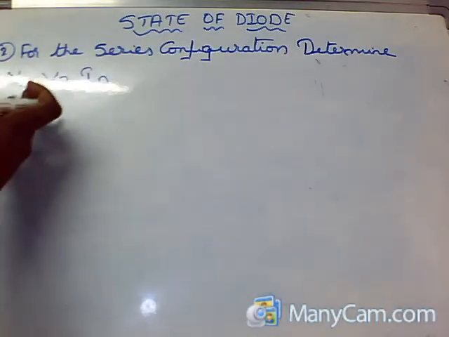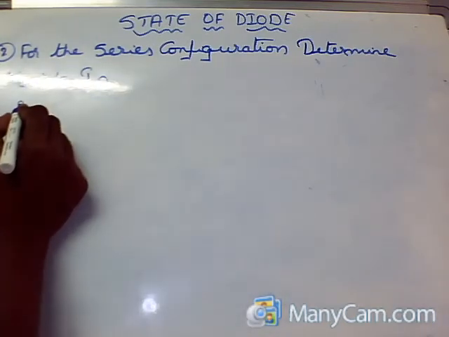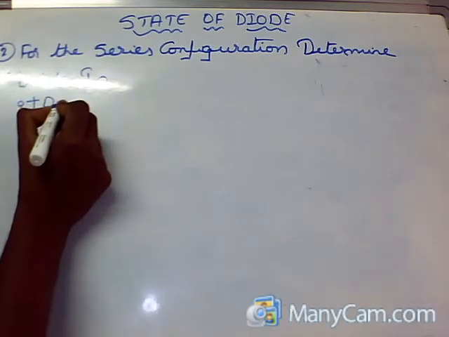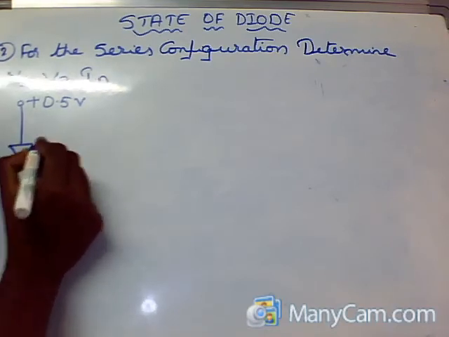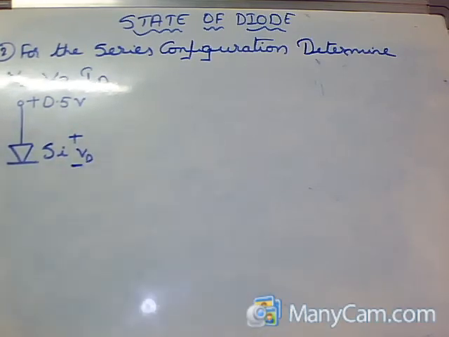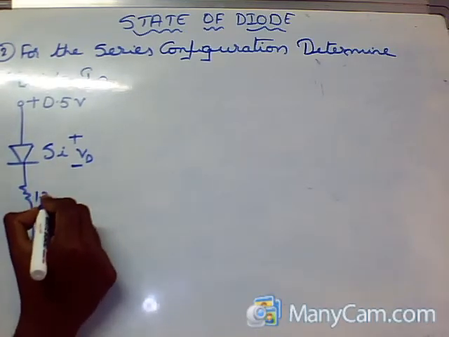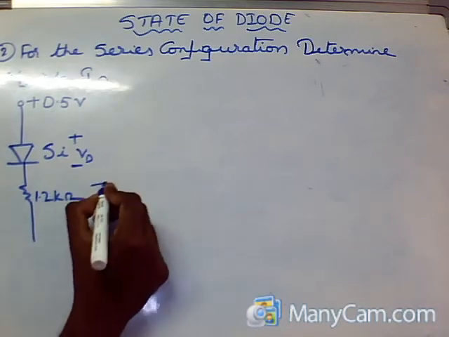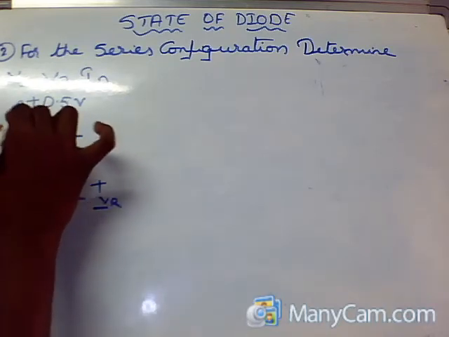The figure is like this: a 0.5 volts source with a silicon diode with voltage VD, and then a resistance of 1.2 kilo ohms with a voltage drop of VR, and grounded. This is the circuit given, and he had already mentioned that this is I.